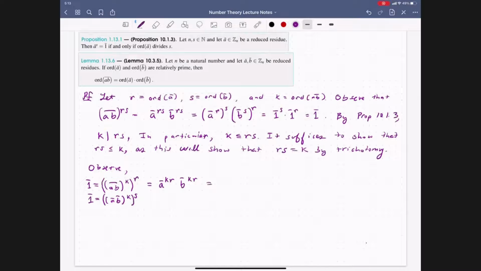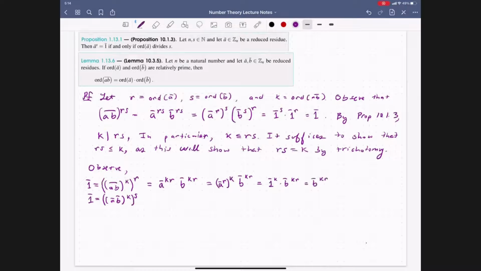We know that r is the order of a bar, so we're going to have a bar to the r to the k times b bar to the kr. And so this is going to be 1 bar to the k, b bar to the kr. And so we just have b bar to the kr.